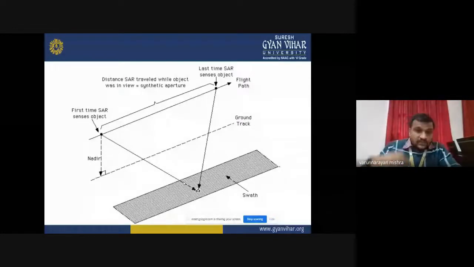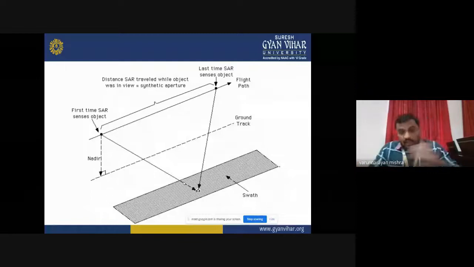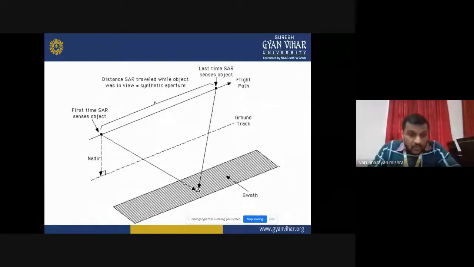That's what is known as synthetic aperture. Aperture means the antenna, and it is actually not an antenna, but it is synthesized to work as a larger antenna, so that we can collect most of the incoming signal coming from the target on the earth surface after the interaction of the microwave signal during the first observation and the last observation.